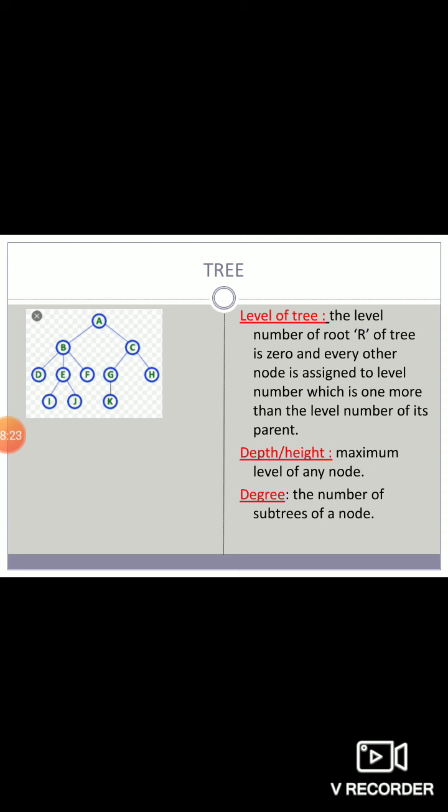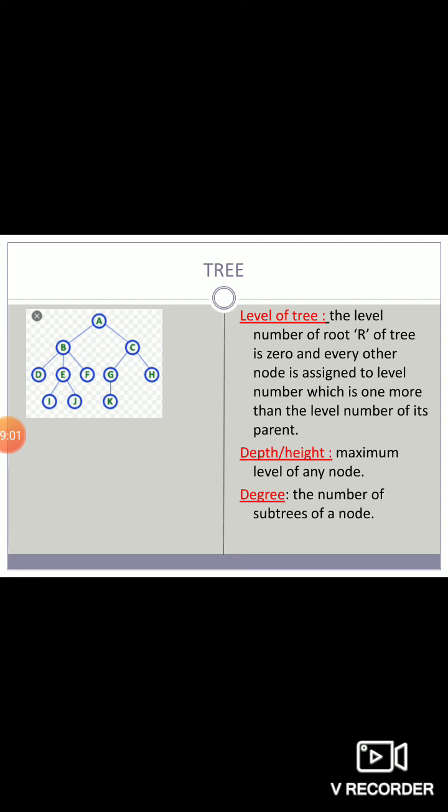If I say height is 0, it means that thing is not present at all. So we always calculate height or depth starting from 1. Then the next definition is the degree. The degree of a node is the number of subtrees of the node, and the degree of a tree is the maximum degree of any node in the tree.